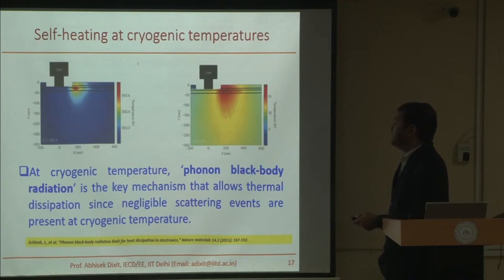As I said, this is a TCAD picture drawn at 300K. This is a TCAD picture drawn at 100 millikelvin. You can see very different distribution of heat between the two pictures.